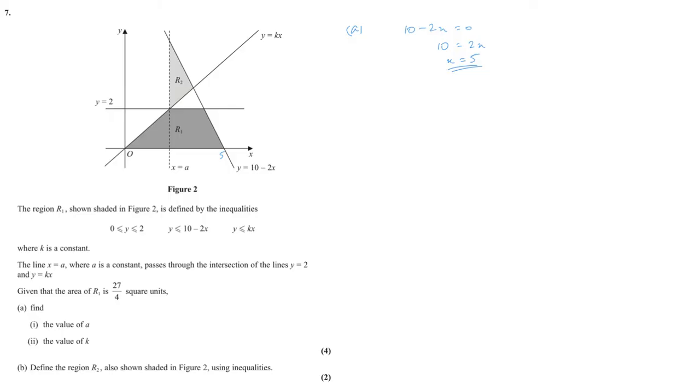So we've got the base now from 0 to 5. Now we can find this coordinate here because it's when y equals 2. So 10 minus 2x equals 2. So 2x equals 8, x equals 4.